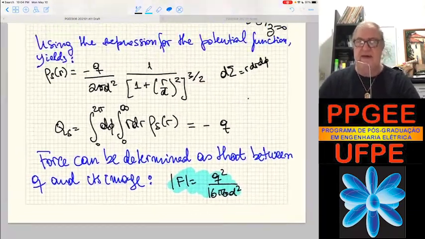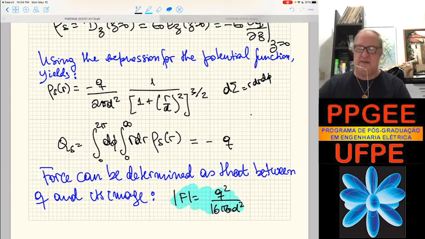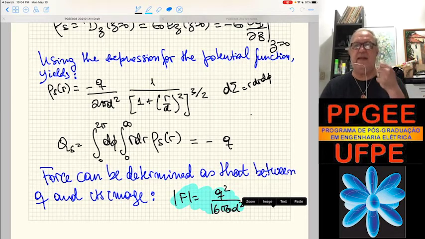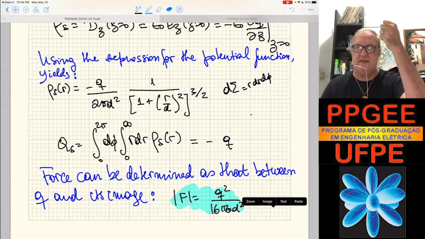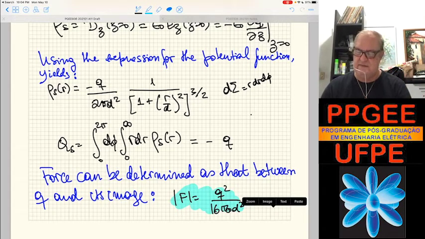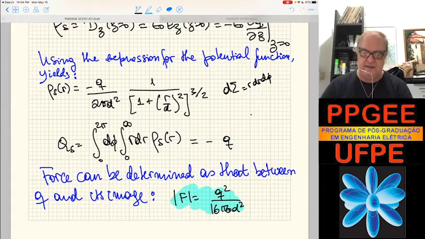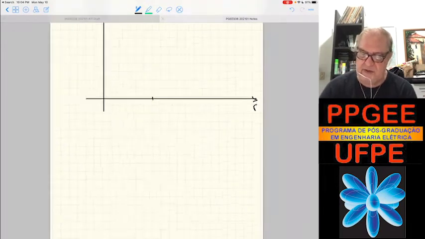Also, it's a very simple method to demonstrate that the force is the same as the force between charge and image charge. The force that the plane exerts on the charge, or vice versa, is that between the charge and its image. Well, it's not difficult to show, right?